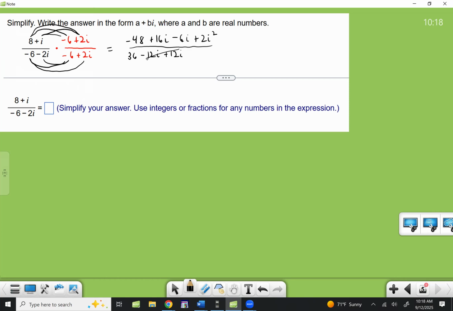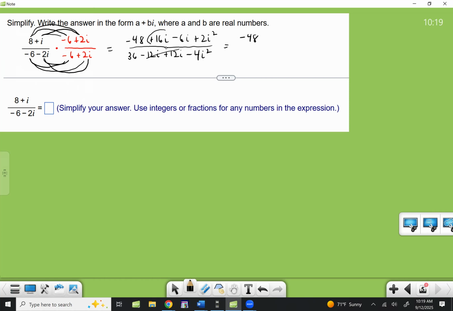each other out. So that's why I said it's enough to just do the first, so the negative 6 times the negative 6, and the last, the negative 2i times the positive 2i. So a negative times a positive equals a negative, 2 times 2 is 4, and i times i is i squared. Okay, so we end up with negative 48.